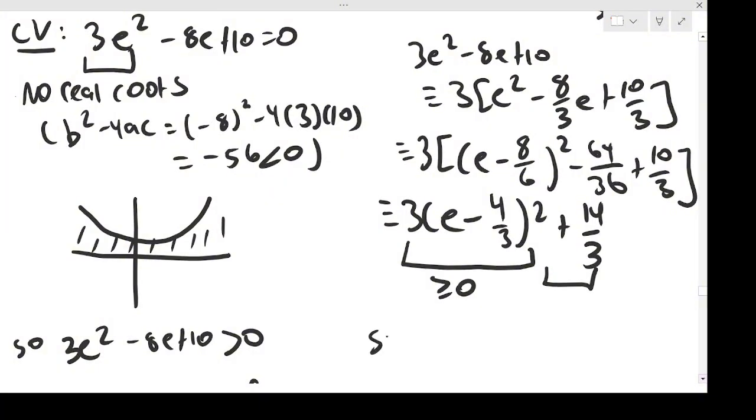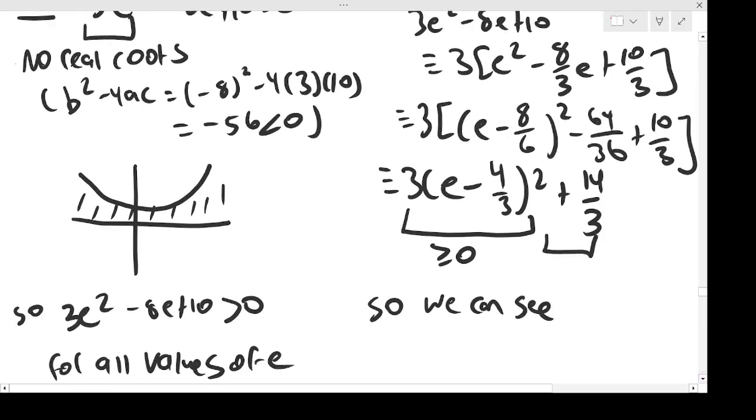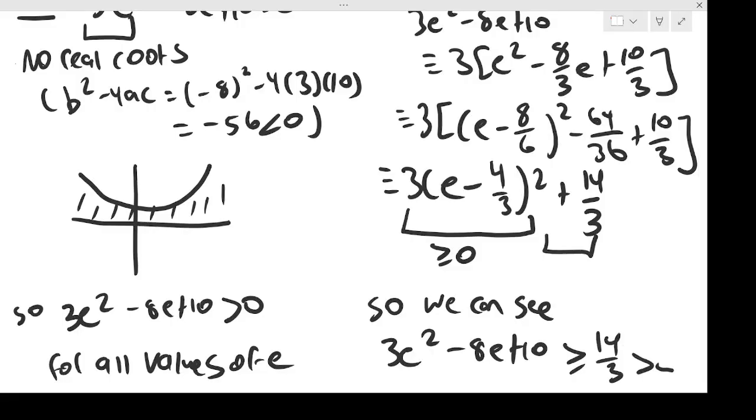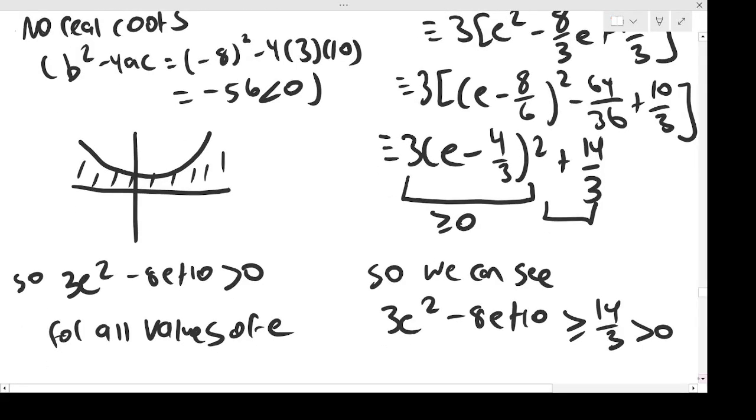So we can see that 3e squared minus 8e plus 10 has to be at least 14 over 3, which is bigger than 0. So therefore the inequality is always above 0 for all values of e.